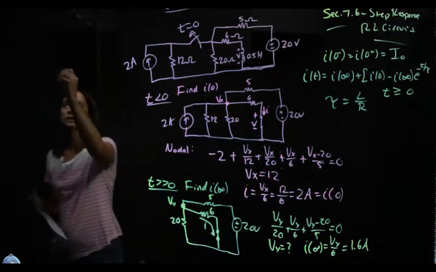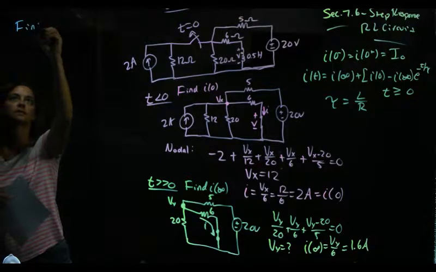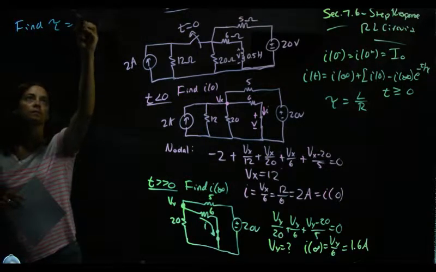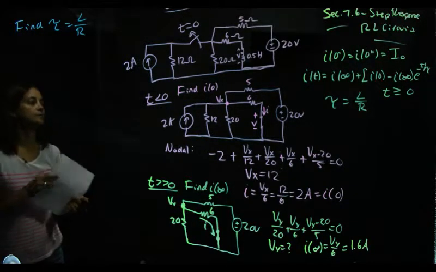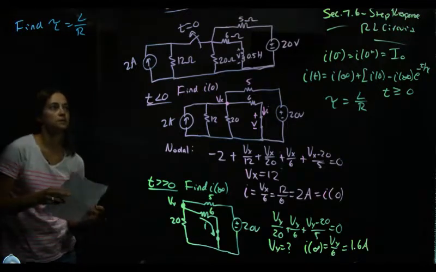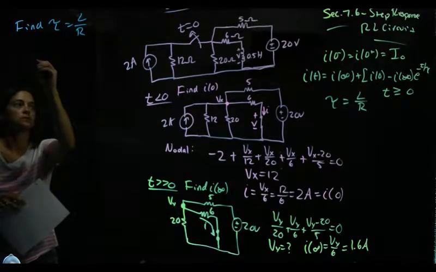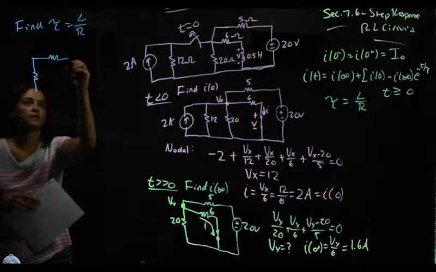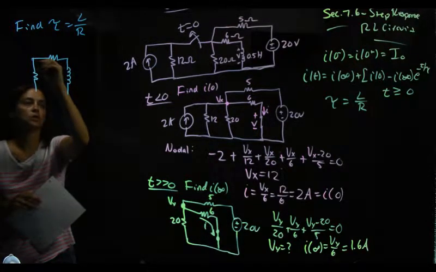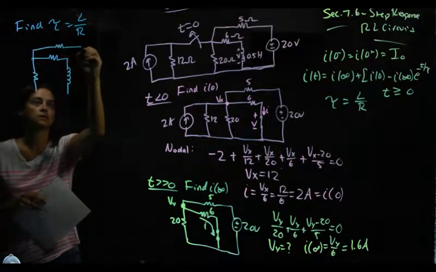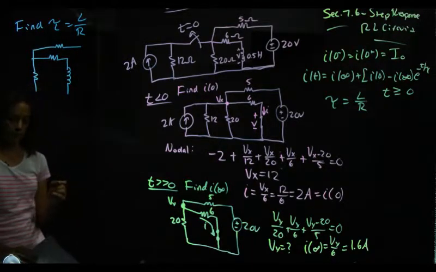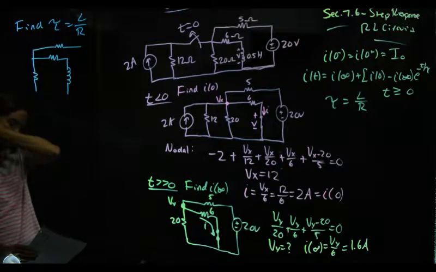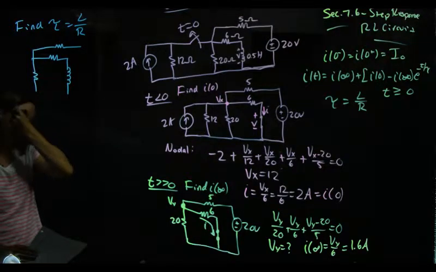We need to find tau. Tau is L over R. This is after the switch has opened. So we're looking at this circuit, just after the switch opened. So I need, again, an REQ.